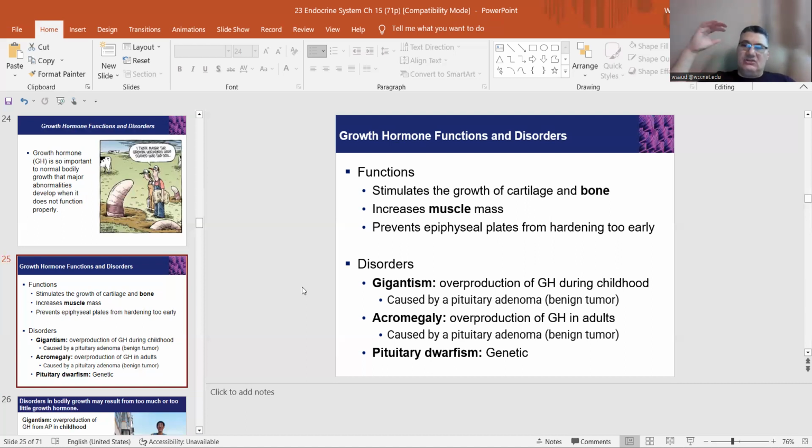But if it is double, triple, or 10 times, stimulating fast. So those people, by the time they reach puberty, they are giants. We call that giantism, giant.